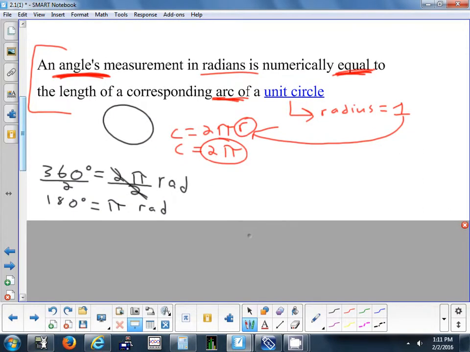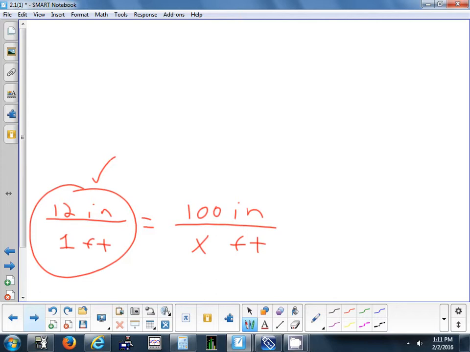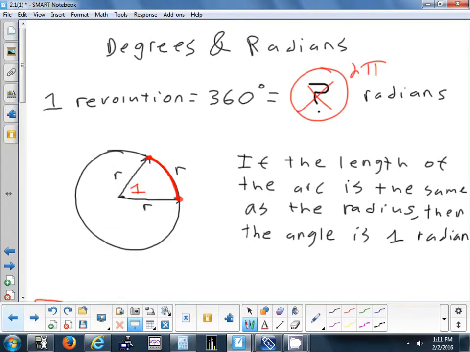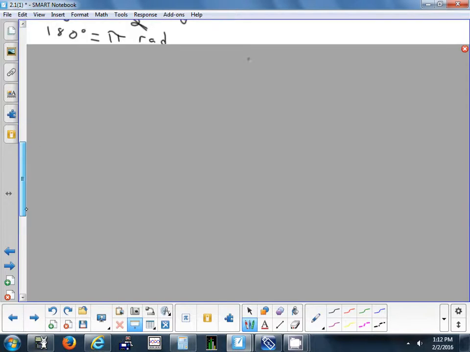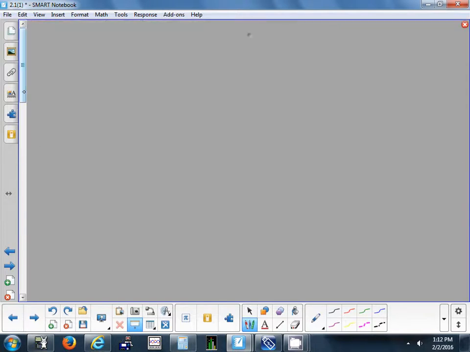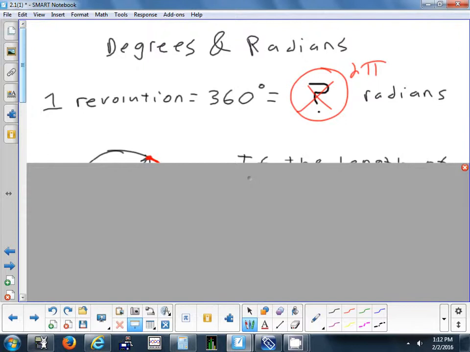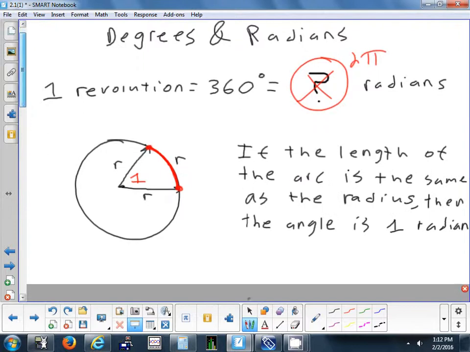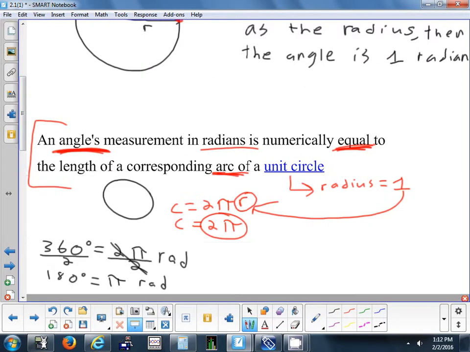All right, so that conversion is fine. It's a little simpler, but anytime you give someone a conversion, like you guys gave me this one earlier, there's usually a certain number in a conversion. Okay, so here's a few conversions. You tell me what number is in all these conversions.